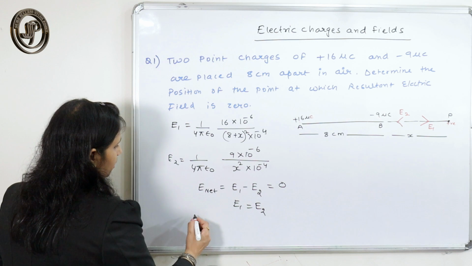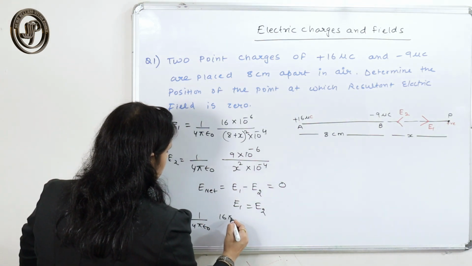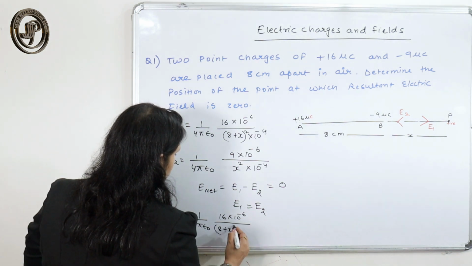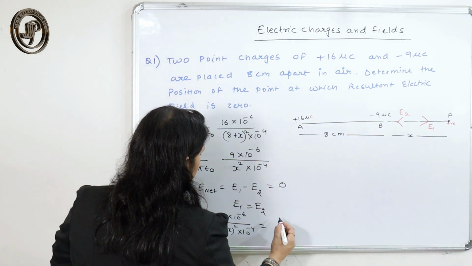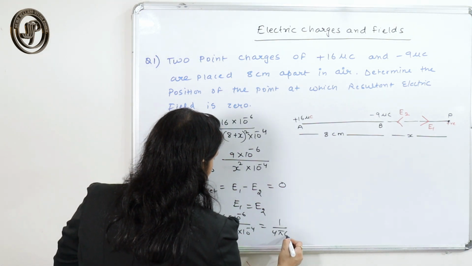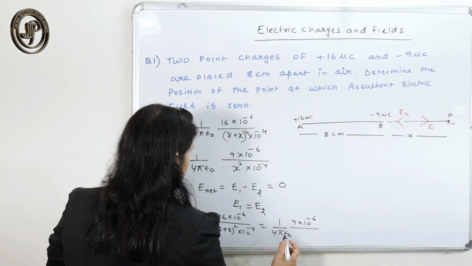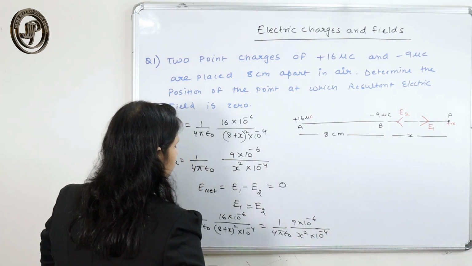So E1 will be 1 by 4 pi epsilon naught times 16 into 10 raised to power minus 6 upon (8 plus x) square into 10 raised to power minus 4, and E2 will be 1 by 4 pi epsilon naught times 9 into 10 raised to power minus 6 upon x square into 10 raised to power minus 4.